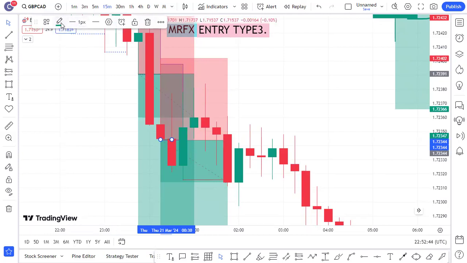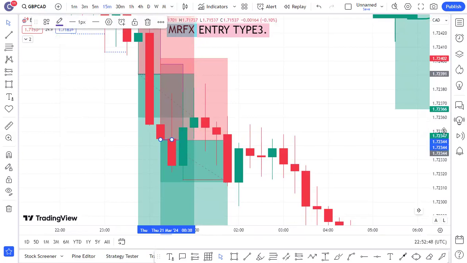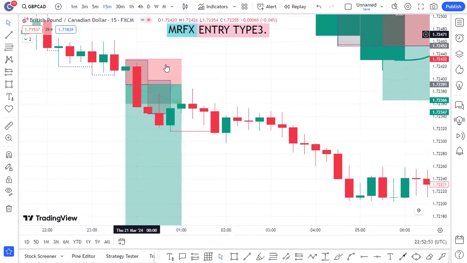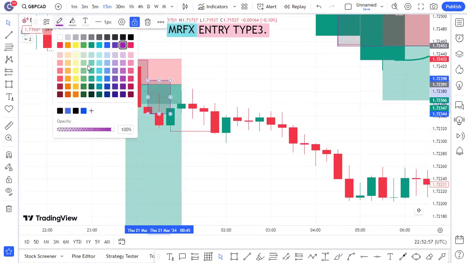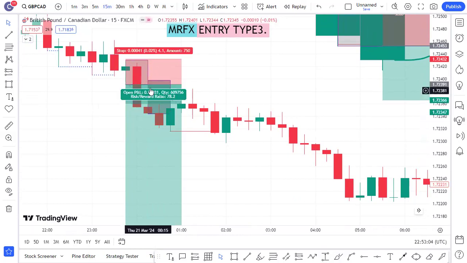Which color? Purple. I'm not even seeing the same thing. Let me first remove this one. First, we get to see what is happening. Yeah, this one is an order block. I wanted to change the color. See, that's the order block here. You see, there's the order block.